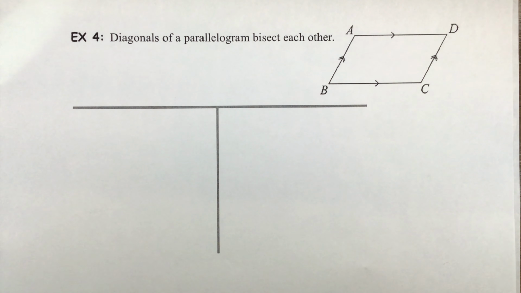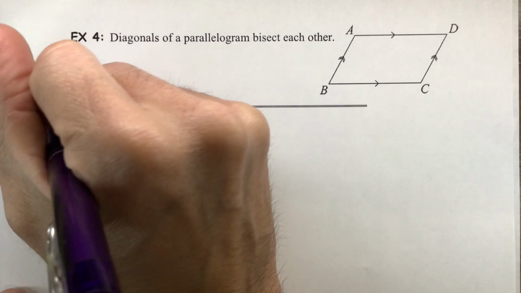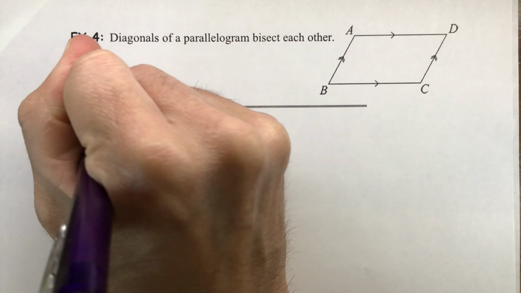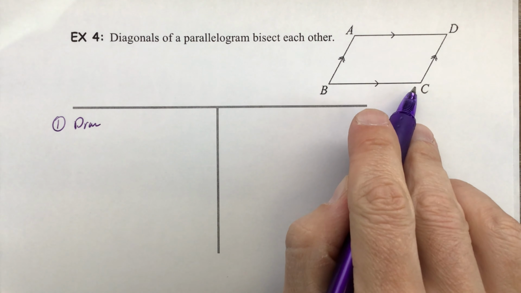All right, for our last proof, we are going to show that the diagonals of a parallelogram bisect each other. To get things started, what I'm actually going to do is draw the diagonals. We'll let that be step 1. We're going to draw AC and also BD.